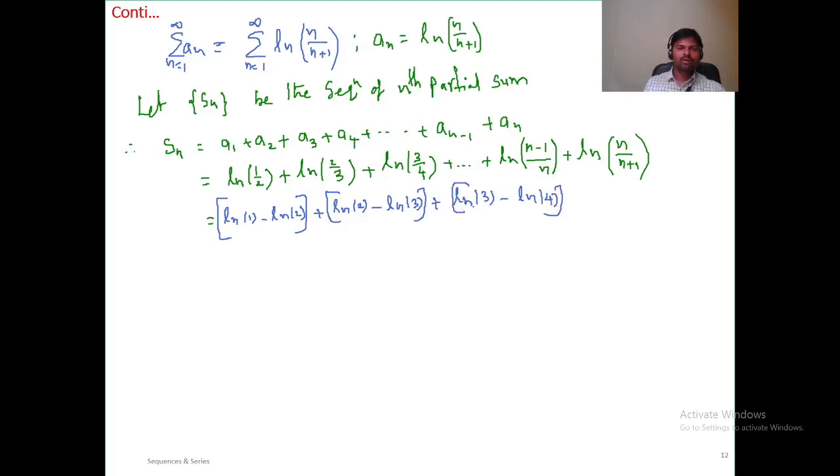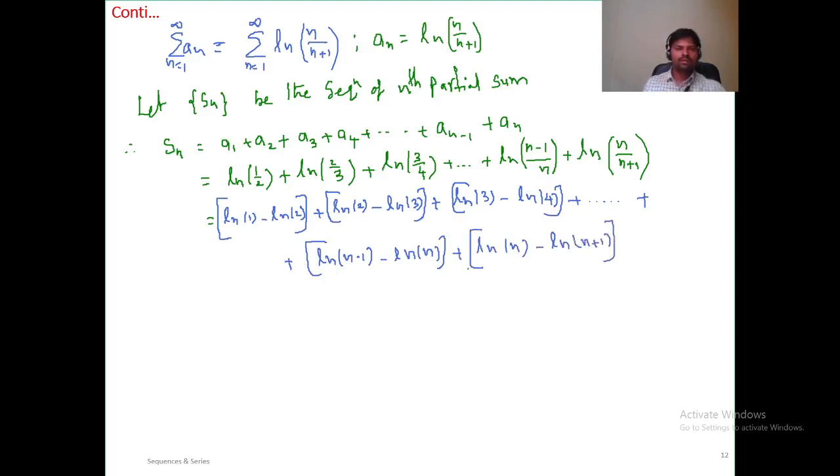Plus this one up to and so on, plus ln n minus 1 minus ln n. Plus the last one, ln n minus ln of n plus 1.